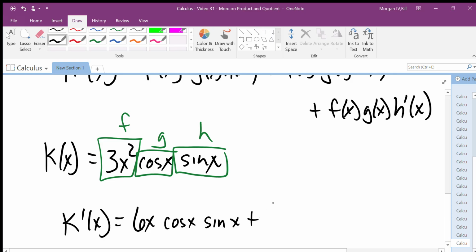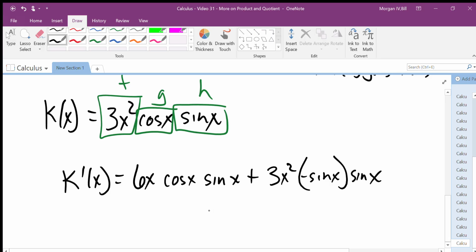Plus, leave the f function 3x squared, the derivative of g, cosine, the derivative of cosine is negative sine of x, leave the h. Plus, leave the f function, leave the g function, derivative of h, the derivative of sine is cosine.